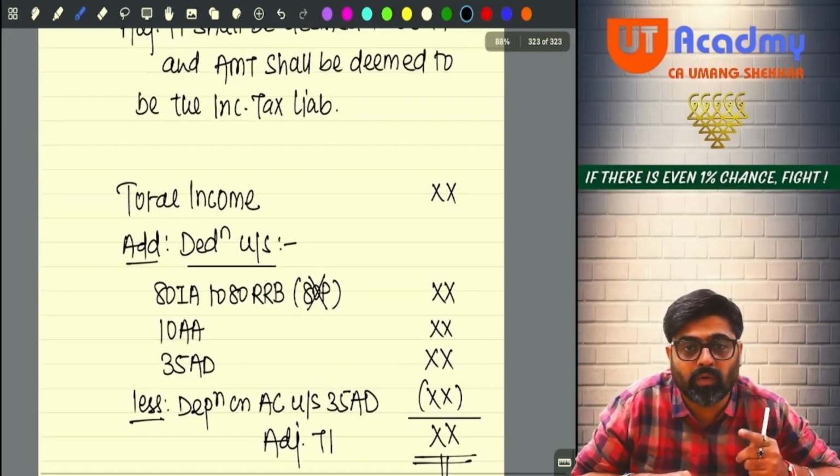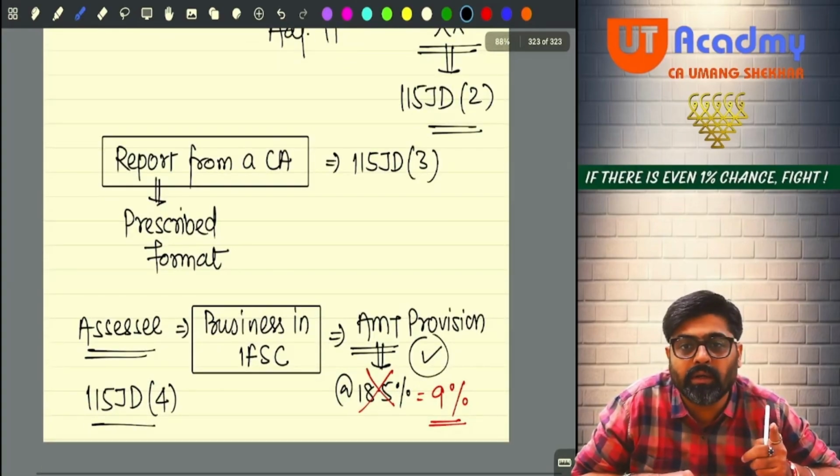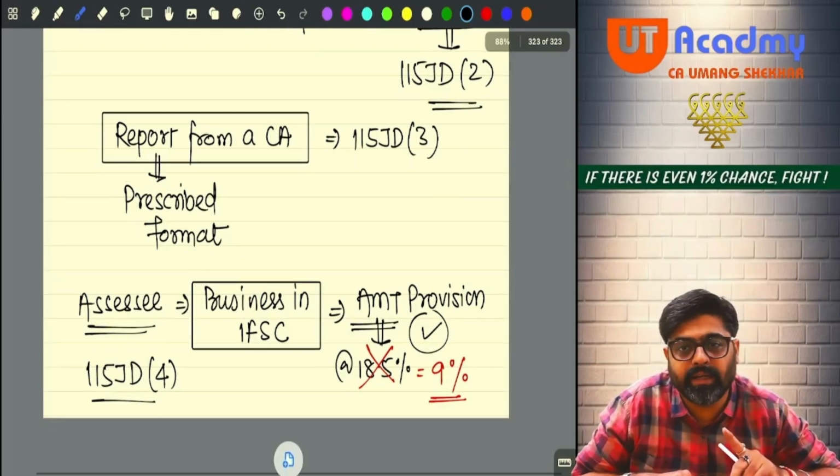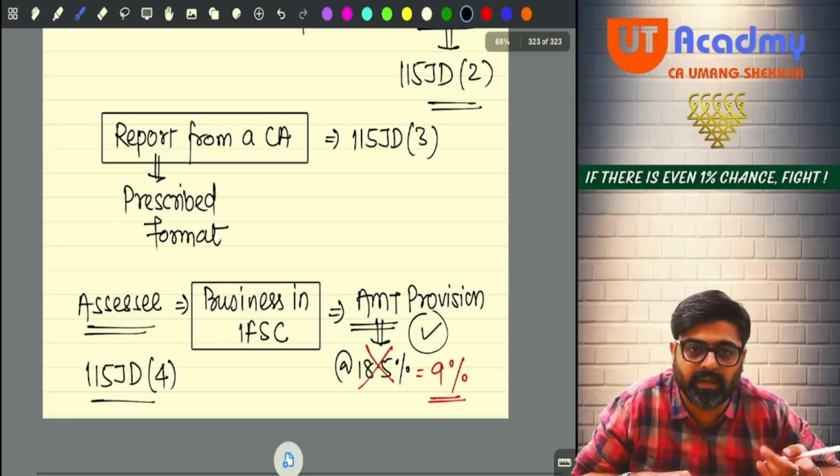JD2, how to calculate the adjusted total income? JD3, report of a chartered accountant in prescribed format is required. Okay, and then JD4, the rate of AMT will be only 9% in case of assessees doing business in IFSC. Okay, and JEE, applicability and non-applicability, JEE1, JEE2.